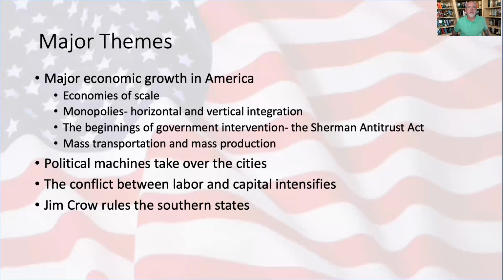They were a means of spoils, as the saying goes, where they could hand them out as political favors to their supporters. So we see a lot of corruption. Clearly, not much has changed there in 100 years.